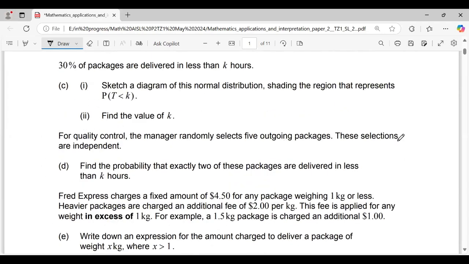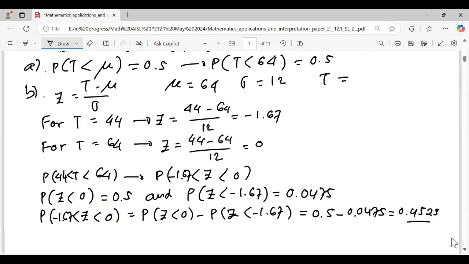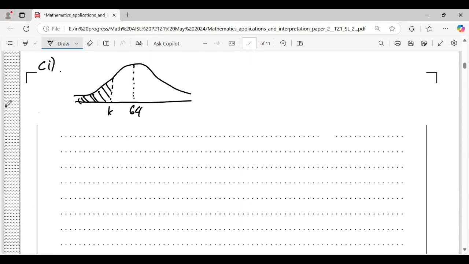Part C, part 2. Find the value of k. We are going to standardize t to the standard normal variable z according to the previous formula, z equals t minus mu over sigma. The cumulative probability of z less than c, this is uppercase, this is lowercase, is 0.3.